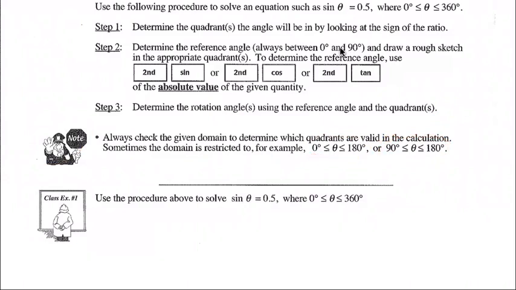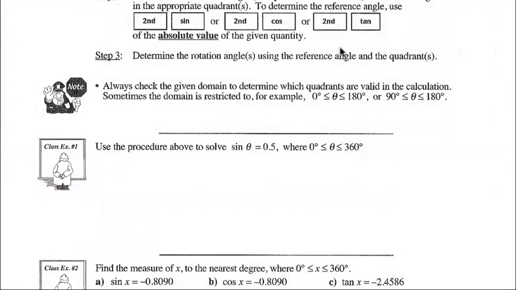Example 1, use the procedure above to solve sine theta is equal to 0.5, where theta is between 0 and 360 degrees.